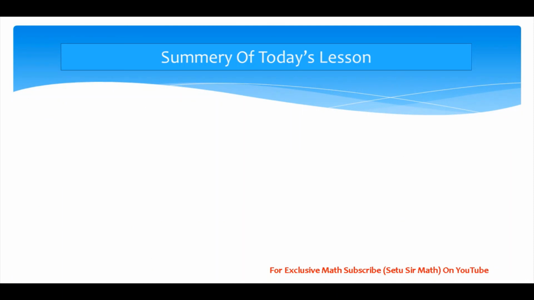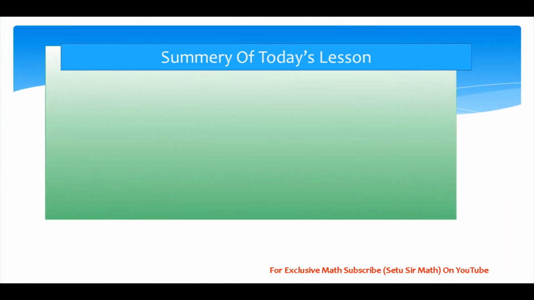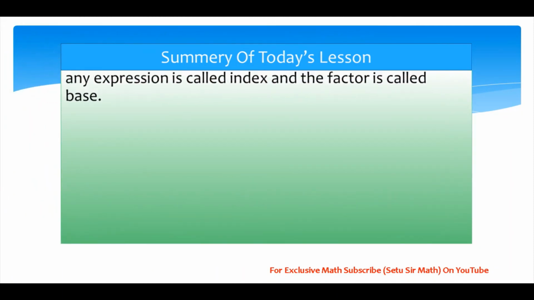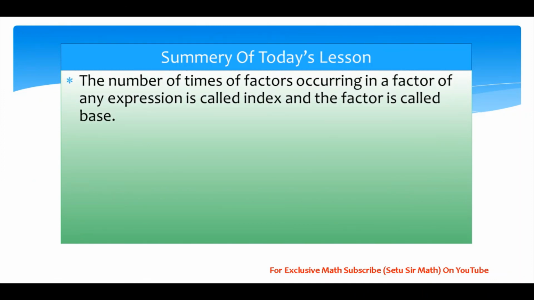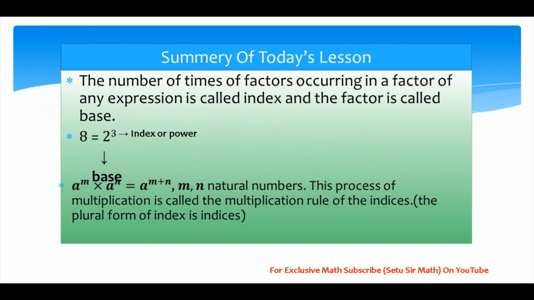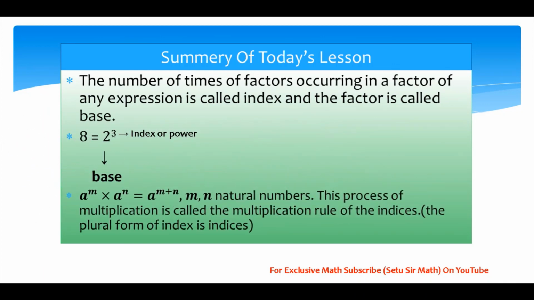So, summary of today's lesson. The number of times a factor occurs in any expression is called the index, and the factor is called the base. 8 equals 2 to the power 3. 3 is the index or power, 2 is the base. a to the power m multiplied by a to the power n equals a to the power m plus n.